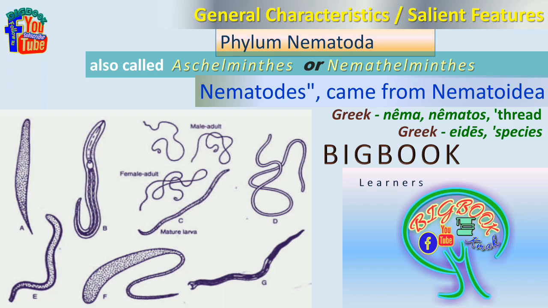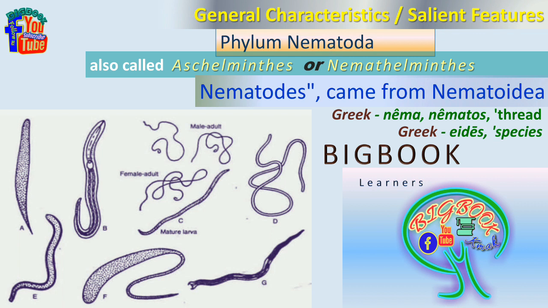Hello guys, today we are going to discuss a new phylum of kingdom Animalia, that is phylum Nematoda. This is also called Aschelminthes and Nemathelminthes. So all three mean the same.